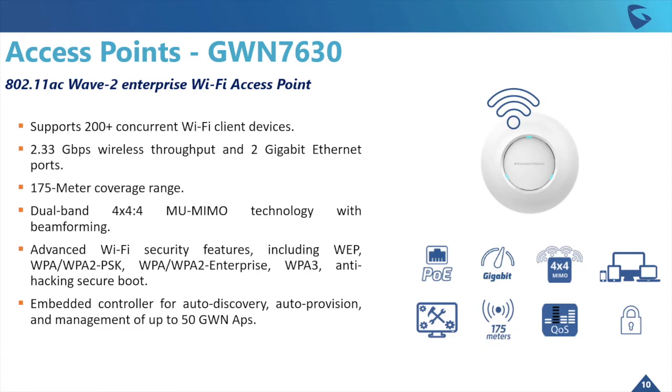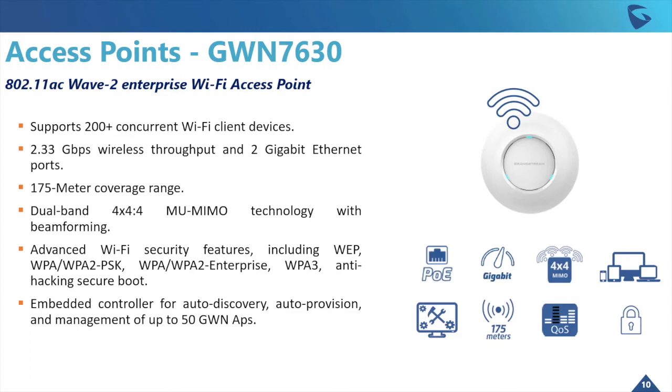So this is the high performance 802.11ac Wave 2 Wi-Fi access point GWN 7630, designed for medium to high user density environments, multiple floor offices, commercial locations, and branch offices.